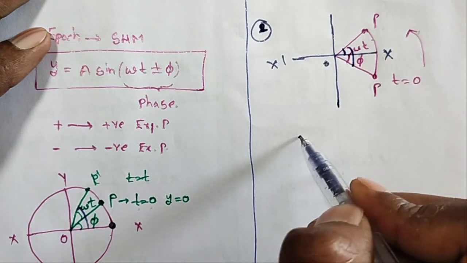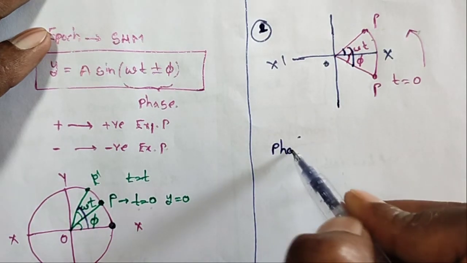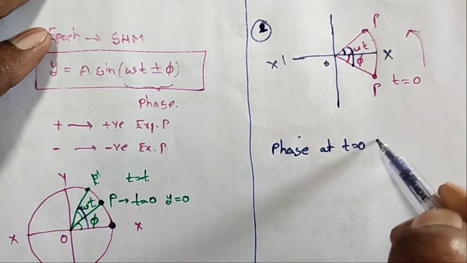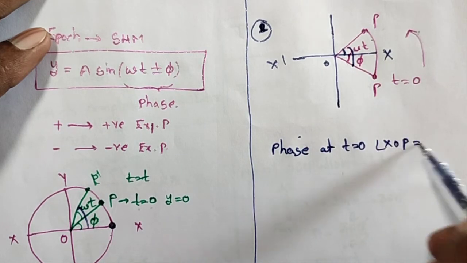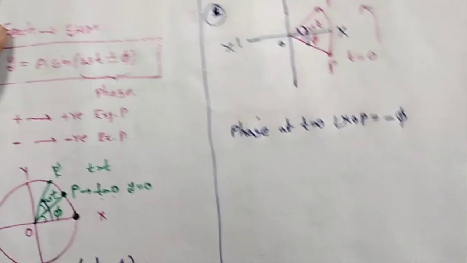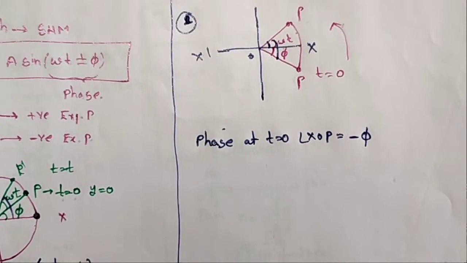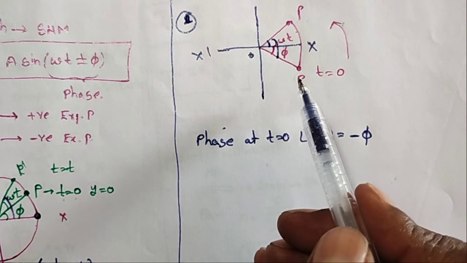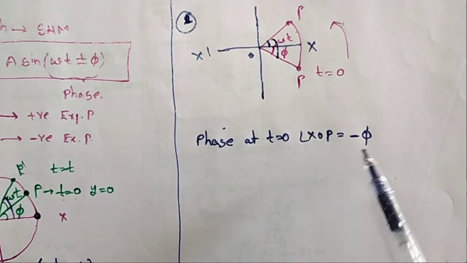So what is the remaining angle? In this one, phase at t is equal to 0, angle XOP is equal to minus phi. Here what is the phase? Minus phi. It is coming from the negative extreme position, so I am taking minus phi.